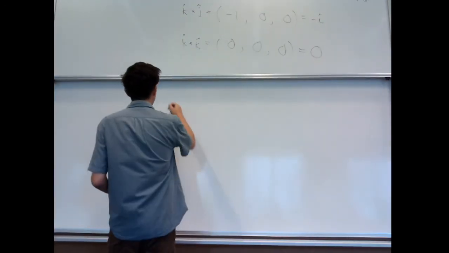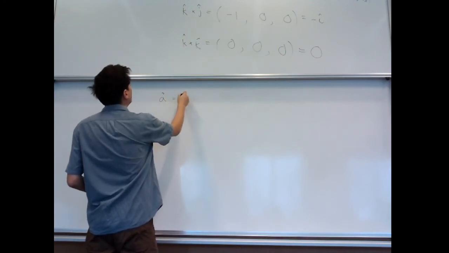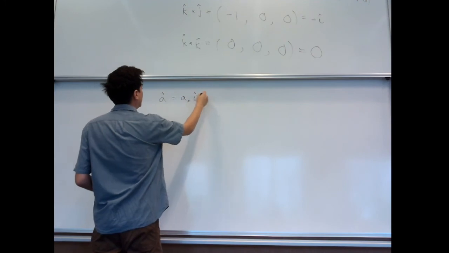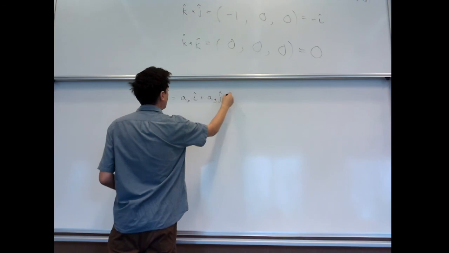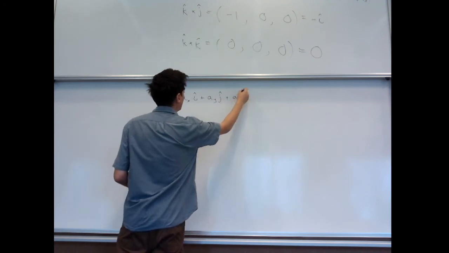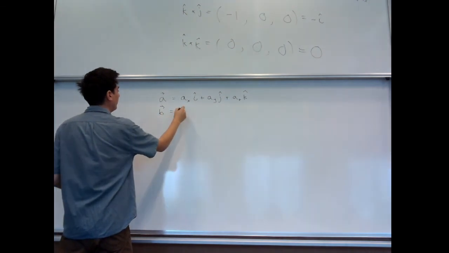Okay, so this is what we do. So we first write A in terms of this unit vector notation, like that. And likewise with B.